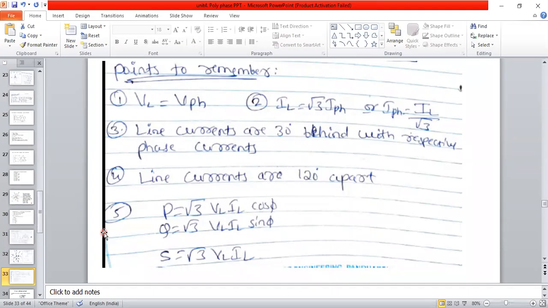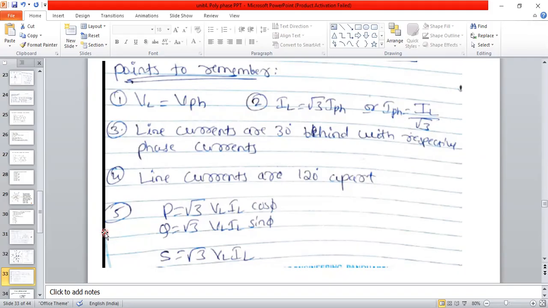Number 1: the line voltage VL equal to, you can directly write line voltage equal to phase voltage.